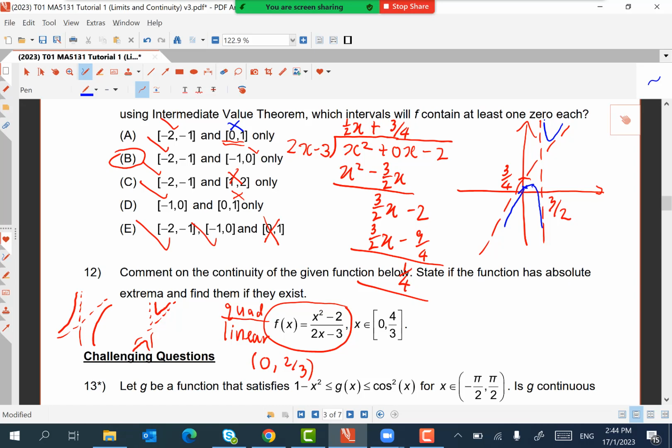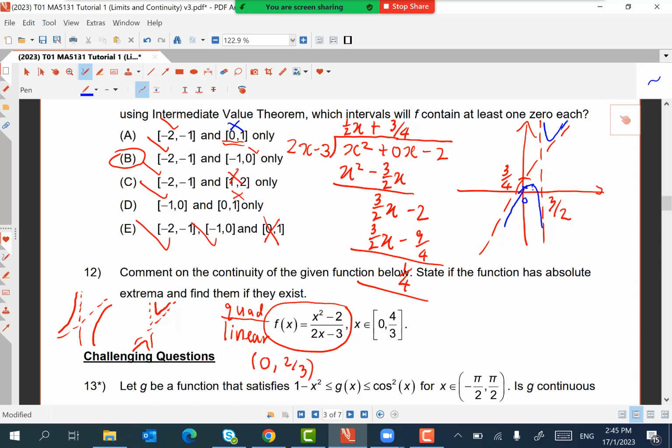You can more or less verify this using the GDC. From the sketch of this graph, I will know that there's going to be a vertical asymptote at x equals 3/2. In fact, even if I do not sketch a graph, you can probably tell that it has a vertical asymptote at x equals 3/2. So to do such a question, with the graph you can tell the behavior of the function between 0 and 3/4.